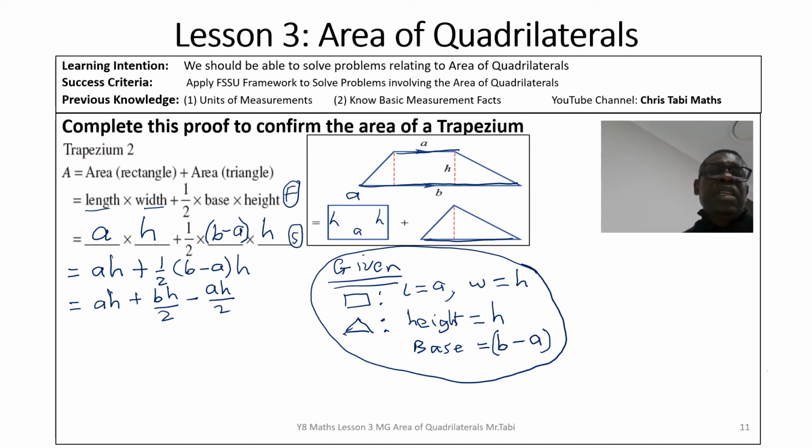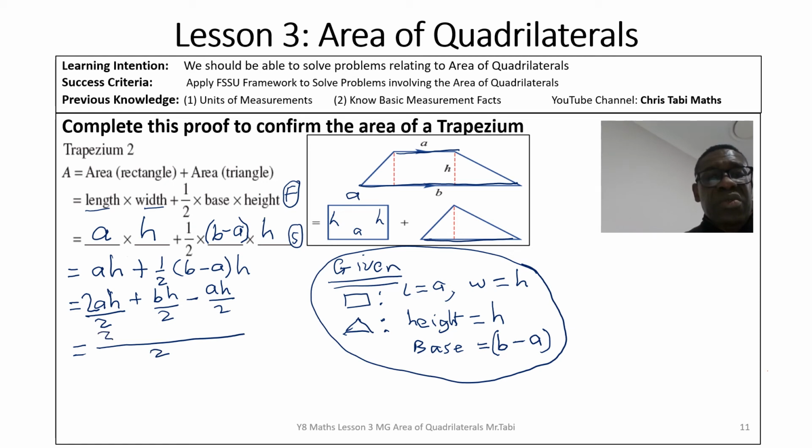Now, since all these things are over 2, I can simply make this front part here 2 divided by 2. So they are all divided by 2, so I've really done nothing to it. It makes it easier. Since the denominator is 2, we know how to deal with fractions.